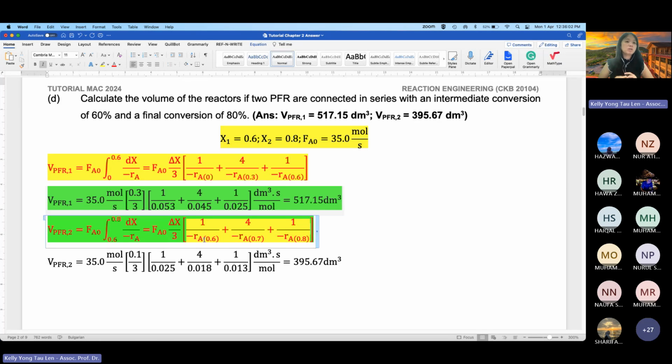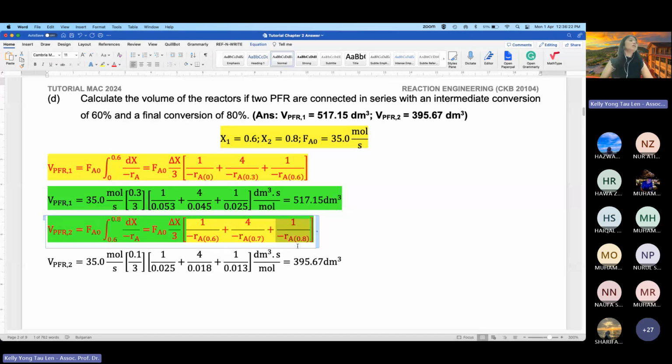So our x1 is 0.6, right? So it's 1 per minus RA when my x is 0.6. So the third point will be 1 per minus RA at my x2, which is 0.8.